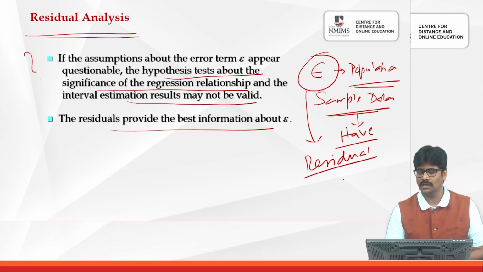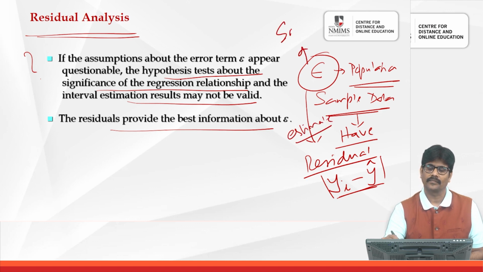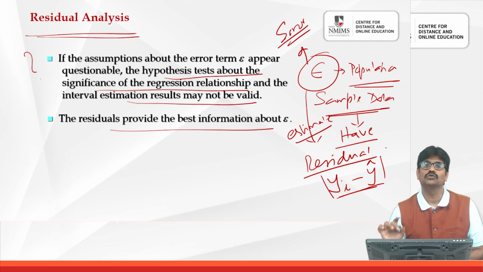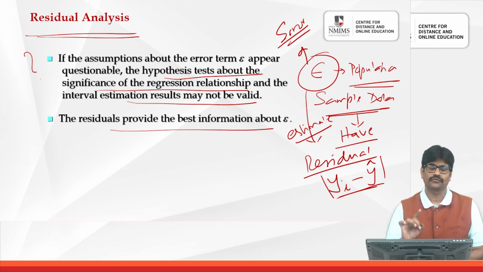What is a residual? The difference between the actual value, which is represented as yi, minus the estimated value is the residual. Residual is nothing but the estimate of the error term. So, that is how residual and error are related. Residual is a terminology we use only for the sample, whereas error is the terminology we use for the population.